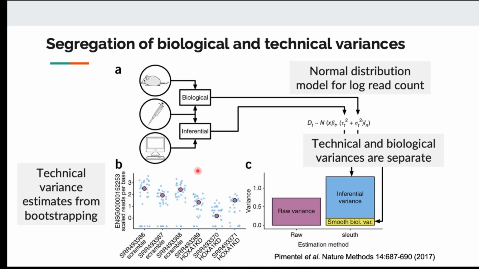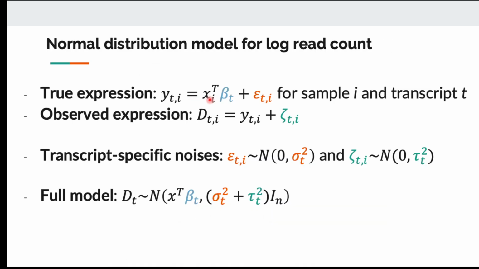So they are arguing that now the only thing that needs to be estimated is the biological variance. By separating out the biological variance and the technical variance, they are assuming that the variances are normally distributed.